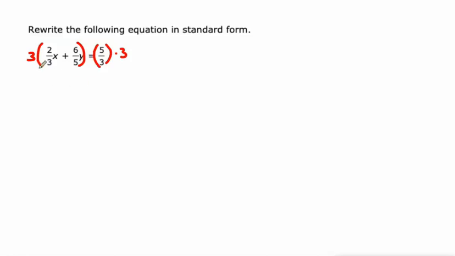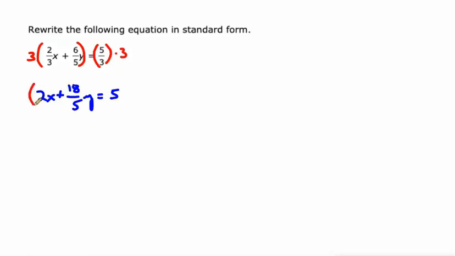All right, so 2/3 of 3 is 2, so that would be 2x. If we do 3 times 6/5 y, I'm going to end up with 18/5 y. And then on the left, 5/3 times 3 is just 5. So look what happens when I multiply both sides by 3. 2 of the fractions are gone now.